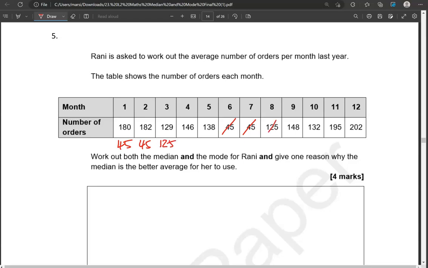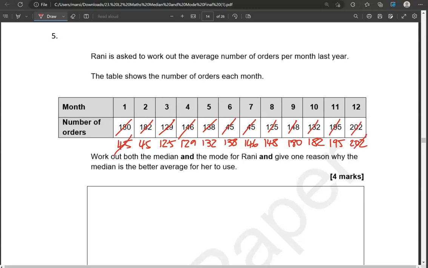Then we have 125, 129, 132, 138, 146, 148, 180, 182, 195, 202.